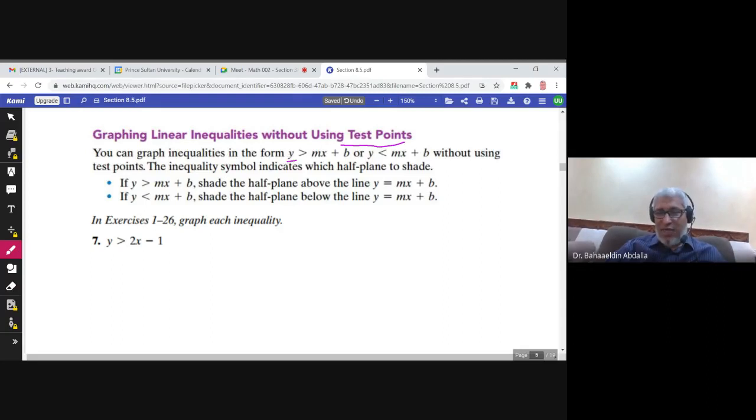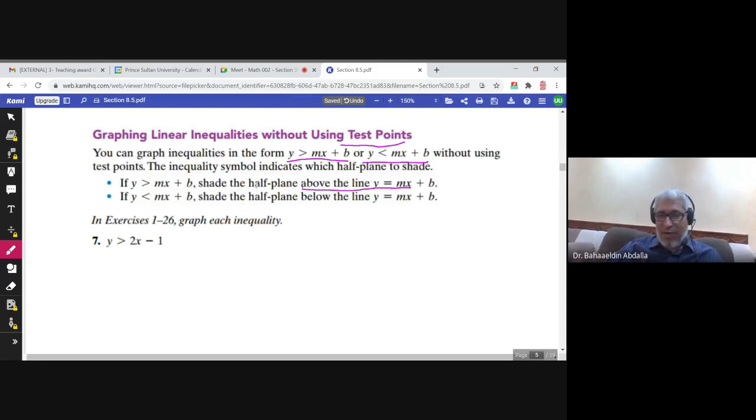If the inequality is solved for y, written as y greater than or y less than mx plus b, then you don't have to use test points, because if the inequality is y greater than, then shade the half plane above the line.